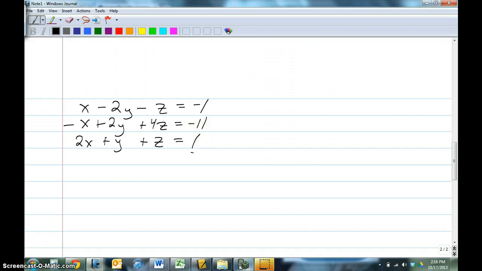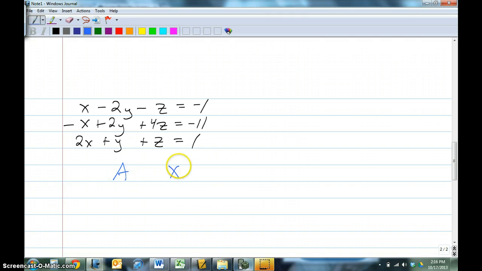If you recall from yesterday, this is kind of a pain to solve, right? By hand, you have to pick two of them, eliminate a variable, pick the third equation and another one, eliminate the same variable, solve the system, plug it back in to find the third variable, and then your final answer is an ordered triple, right? Here's the thing. Matrices make this a lot better.